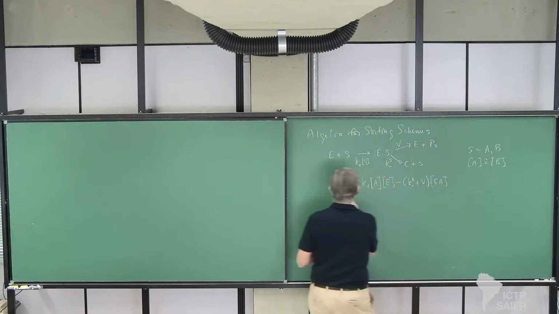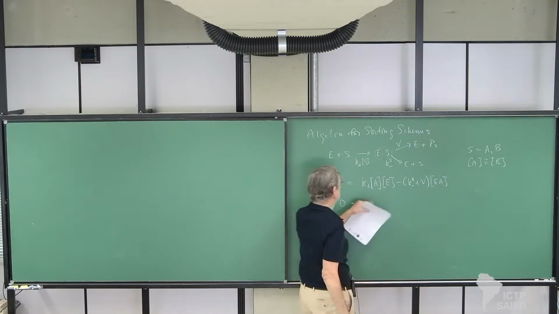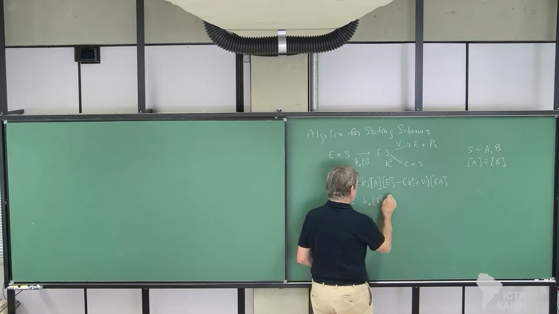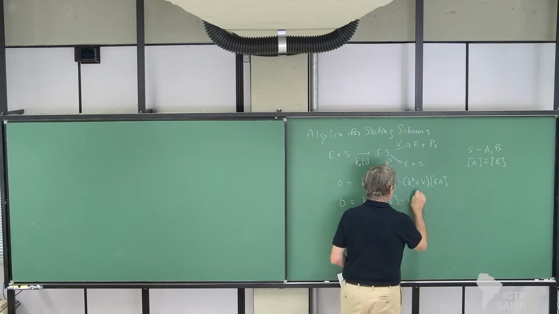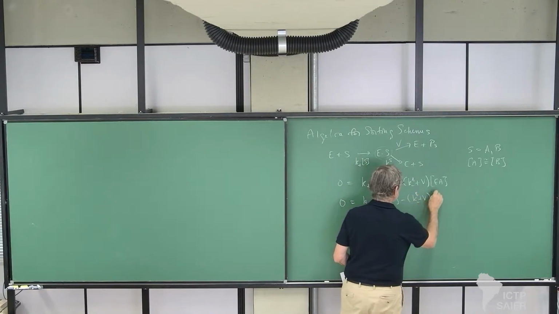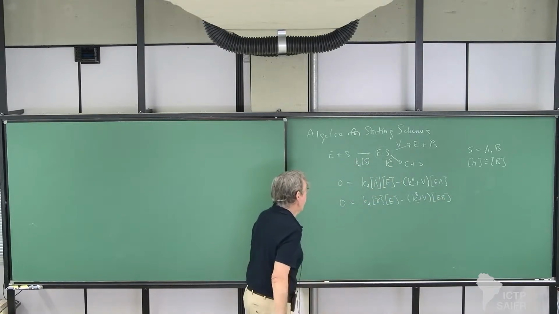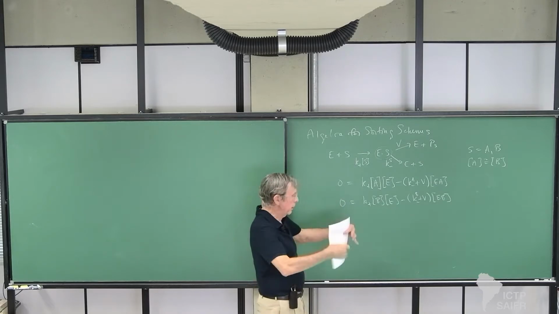And of course, there are two kinds of things going on. We've got the good guy and the bad guy. So this is steady state. We let it run to steady state.